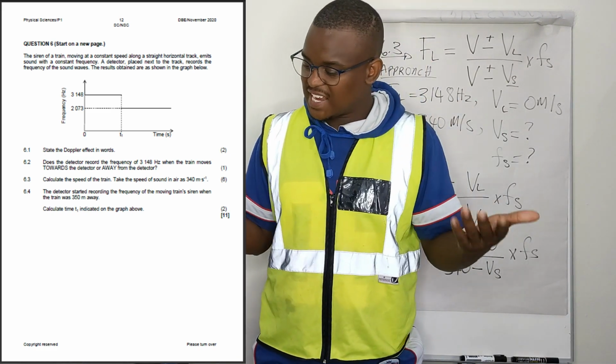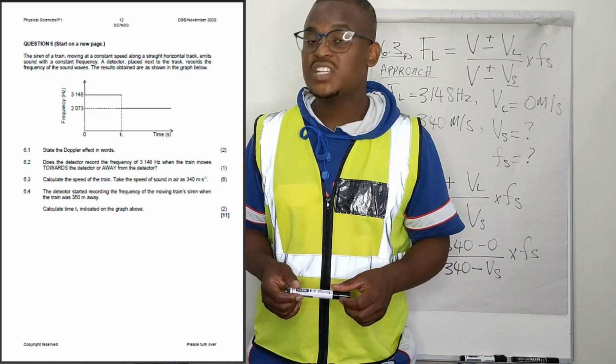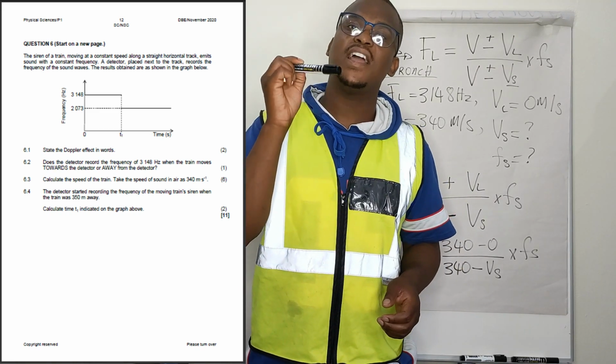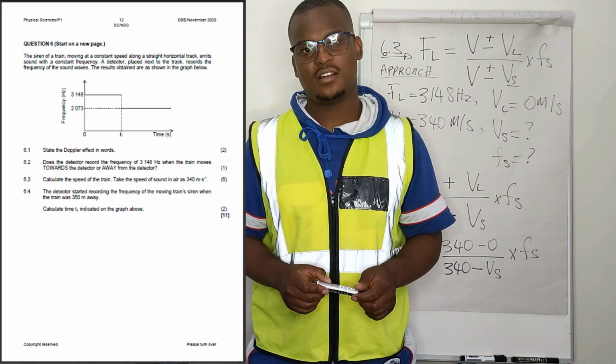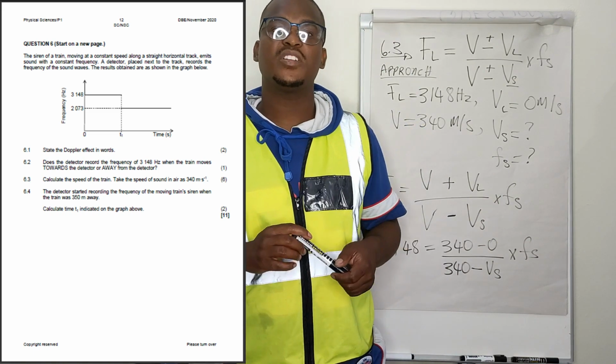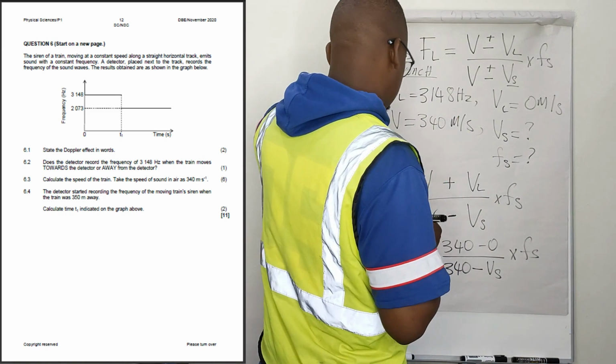Or let's use the second part of our information, which is now the information that we have as the source of sound is moving away from the detector. So what information do we have? Let's go to that side.